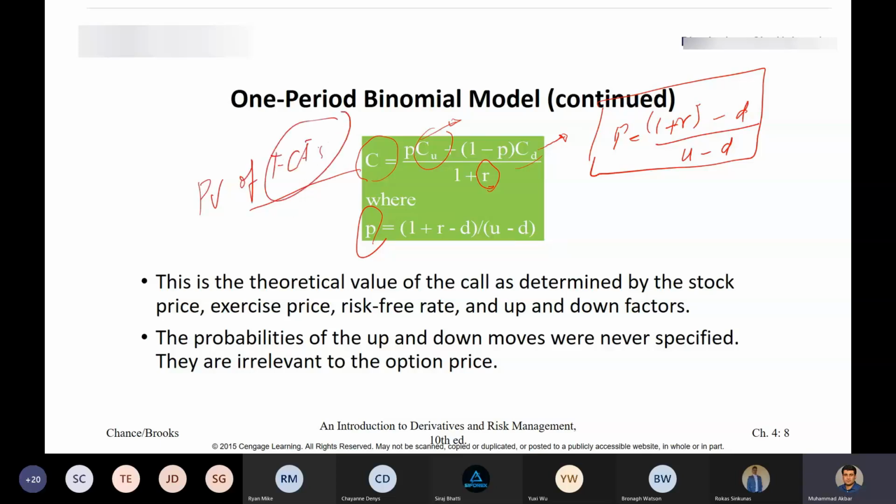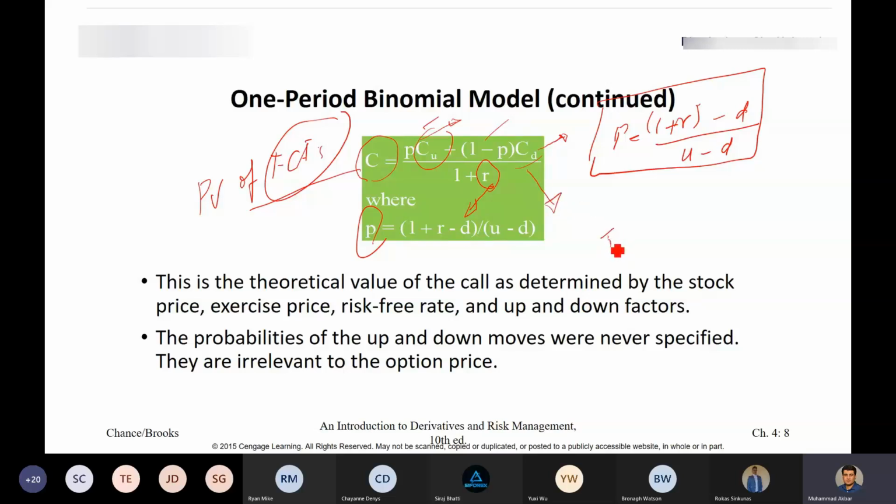The only thing changing here is that we have to use probability weighted cash flows, and the discount rate will always be R. And I told you to please read the text box in the chapter where they are discussing the formula that we are discussing here.